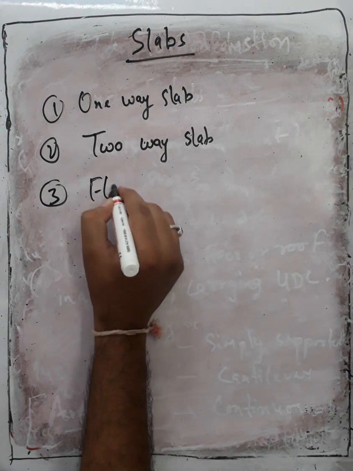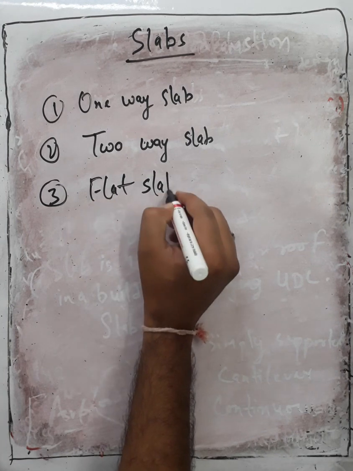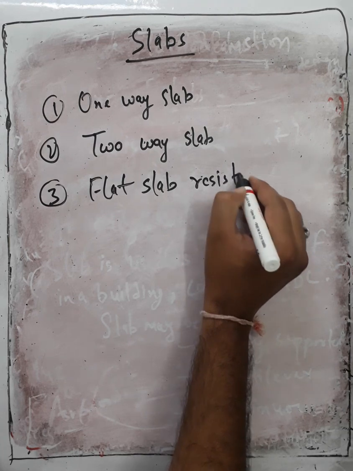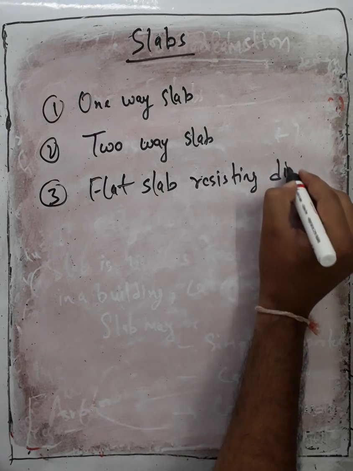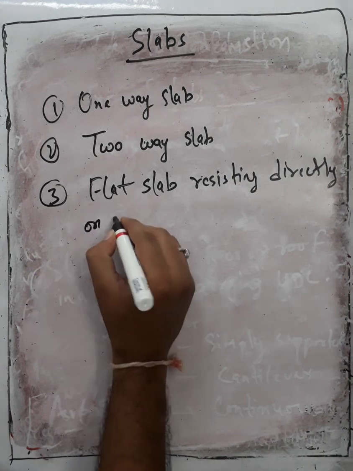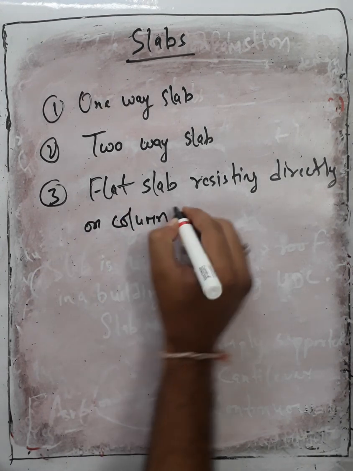Third one is the flat slab resting directly on columns without beams.